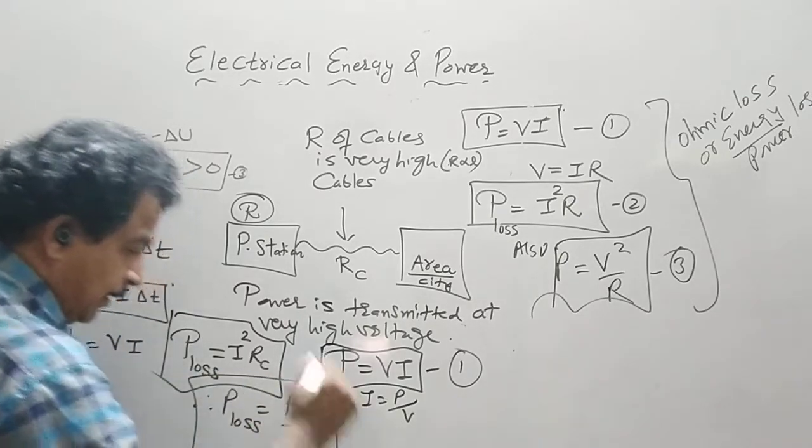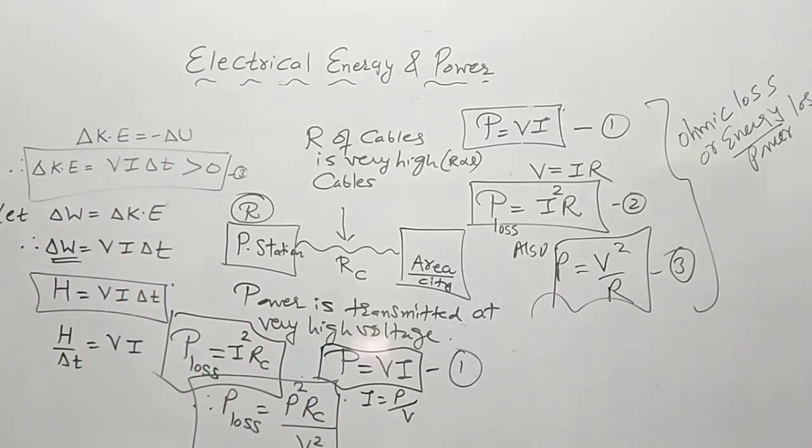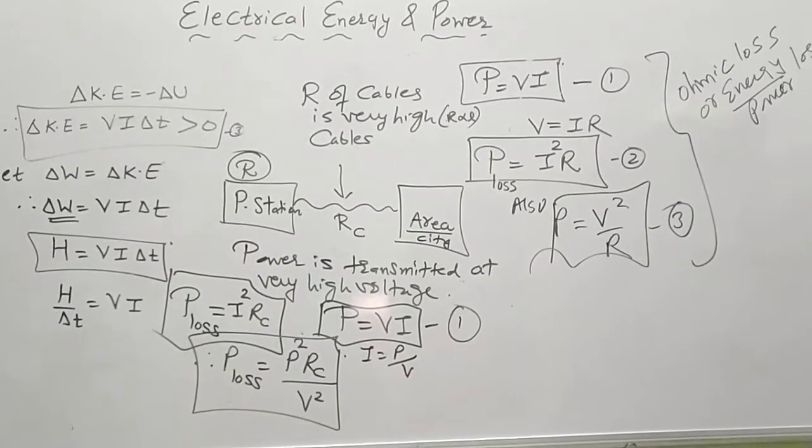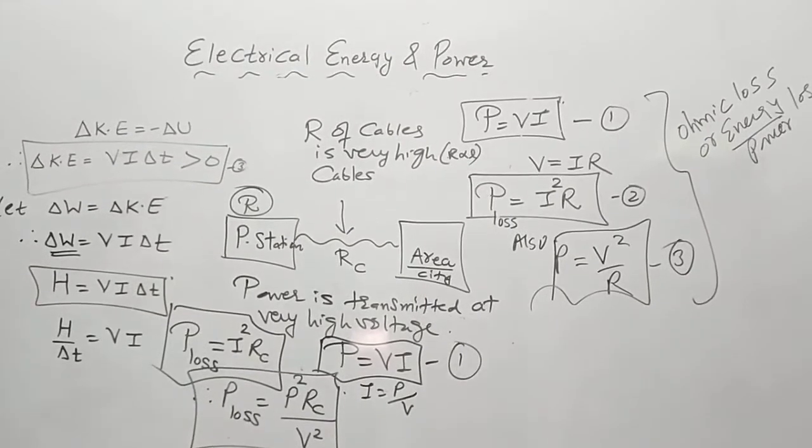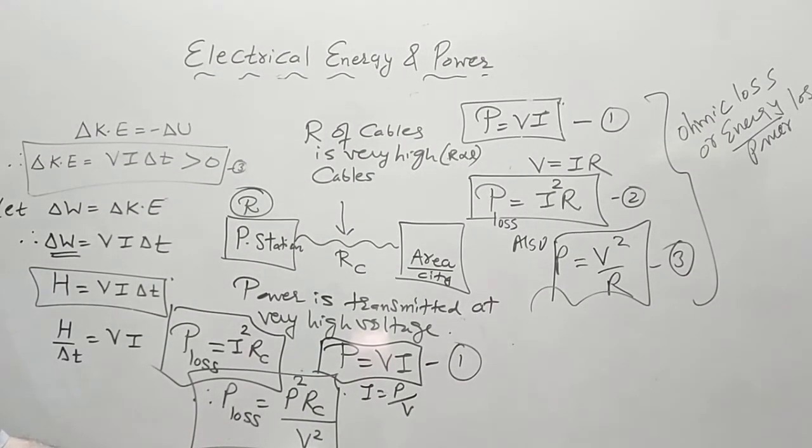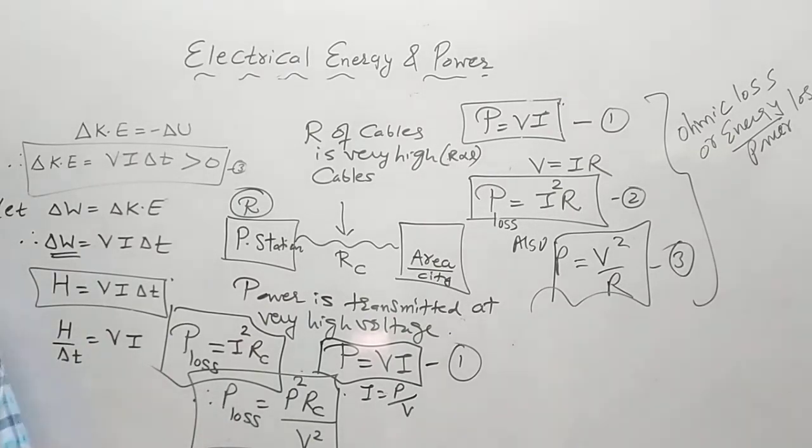Now see this, the power loss is inversely proportional to the square of the voltage. So if I keep the voltage very high, that is V square, then the power loss will be minimum.